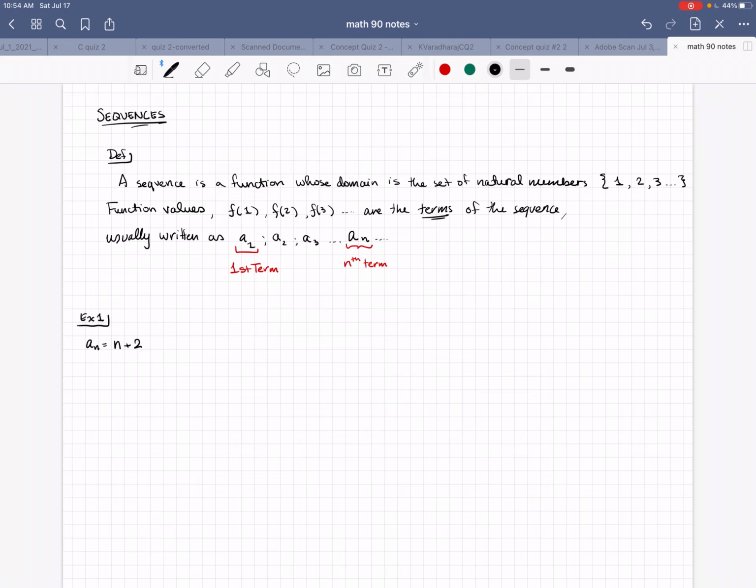So, for example, a sub 1 would be 1 plus 2, which is 3. A sub 2 would be 2 plus 2, which is 4. A sub 3 would be 3 plus 2, so that's 5, and so on. Okay? Here's another example.